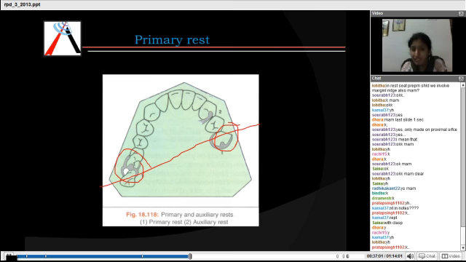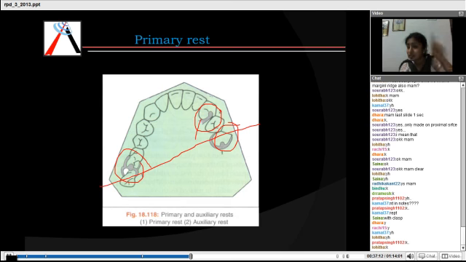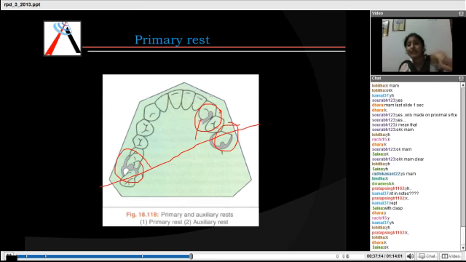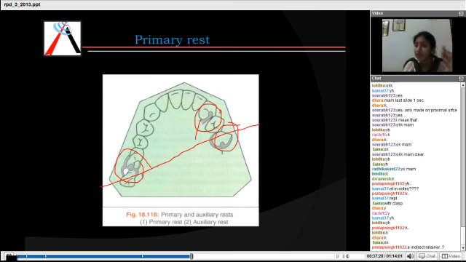The extra rest which is not in the fulcrum line, which is away from the fulcrum line, is your secondary rest or auxiliary rest. And this auxiliary rest was connected by the minor connector to the major connector when we did classification of minor connectors. It's an indirect retainer. Don't talk about that because you'll get more confused.